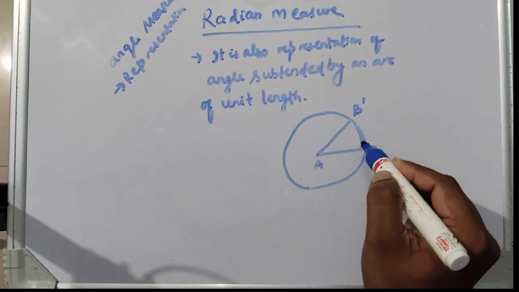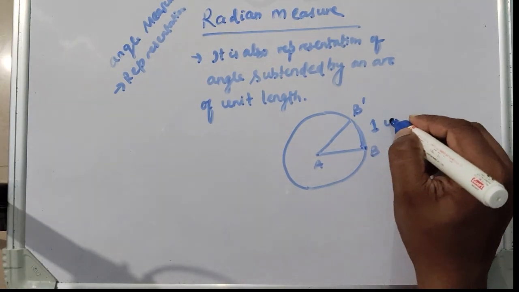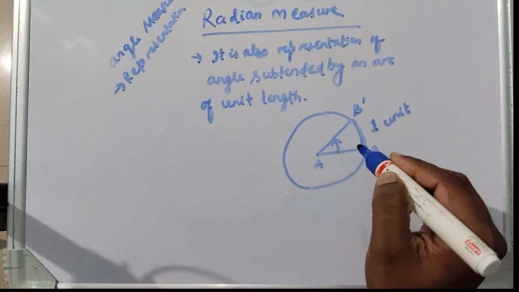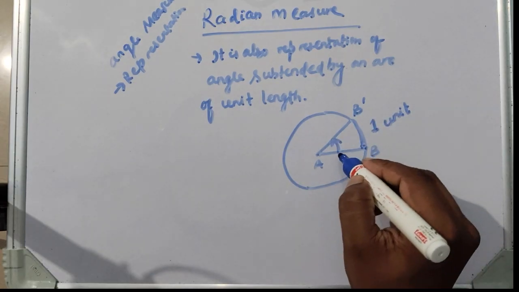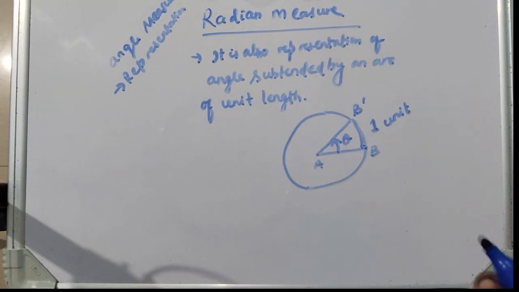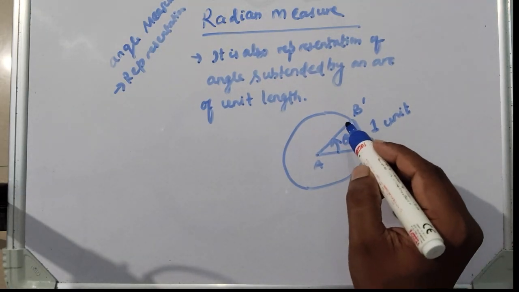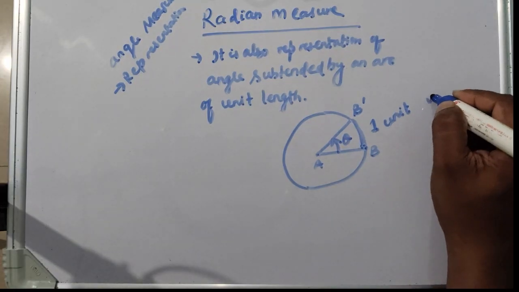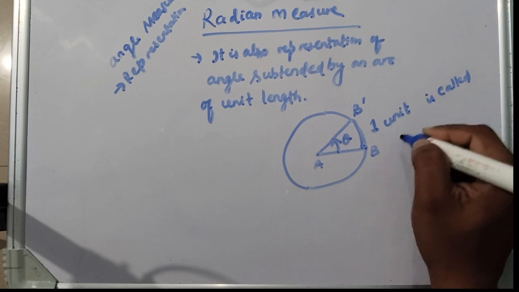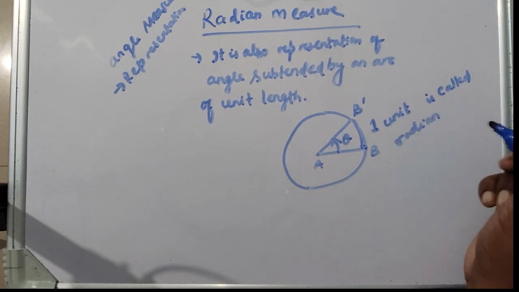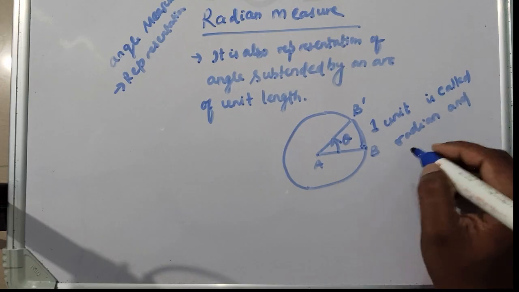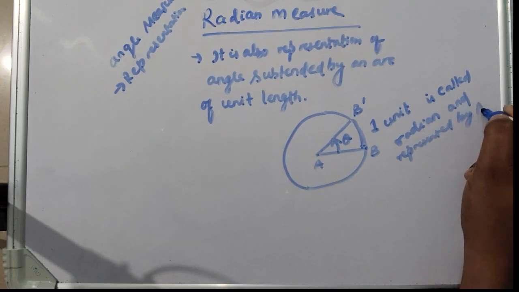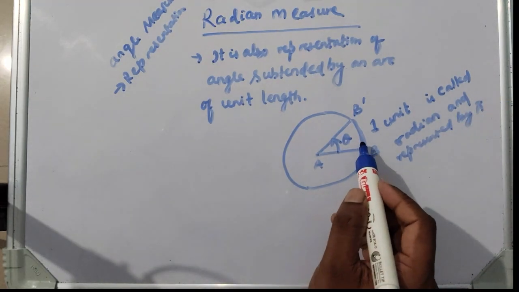So if this arc is of unit length, 1 unit, then the angle made by this unit length, let's say theta, angle subtended by an arc of unit length is called radian.